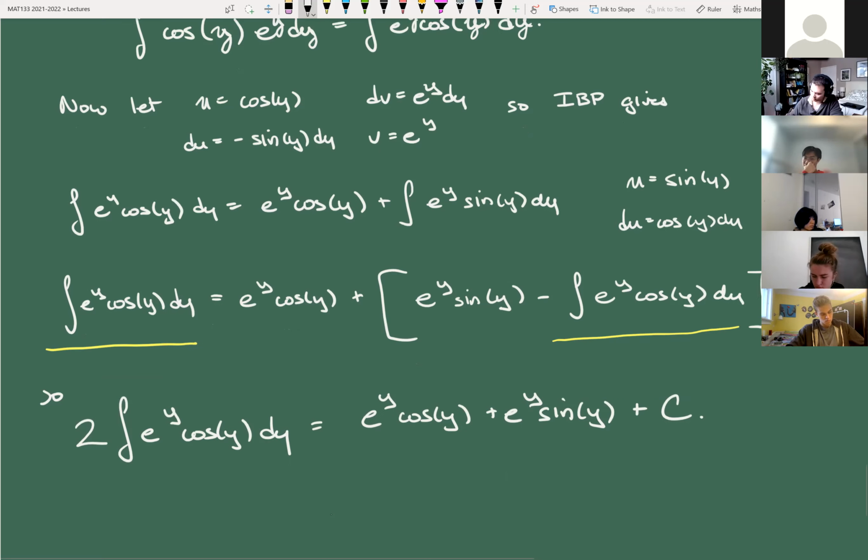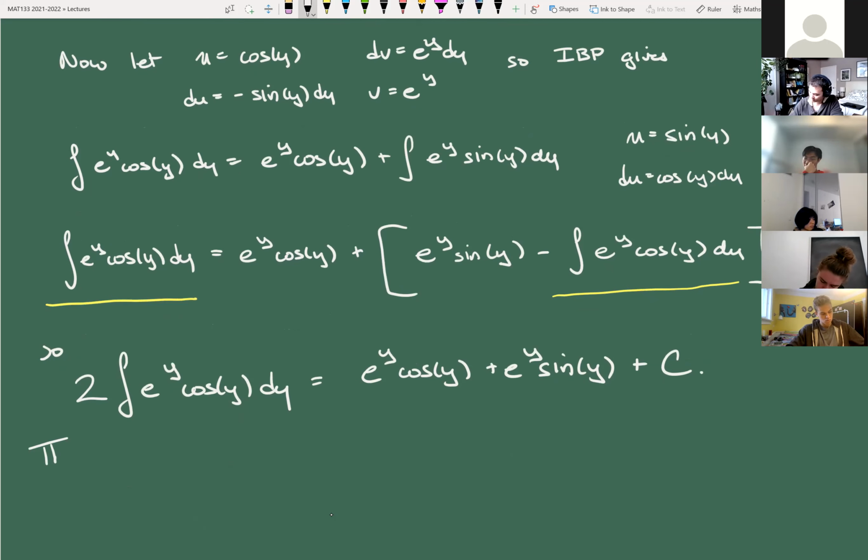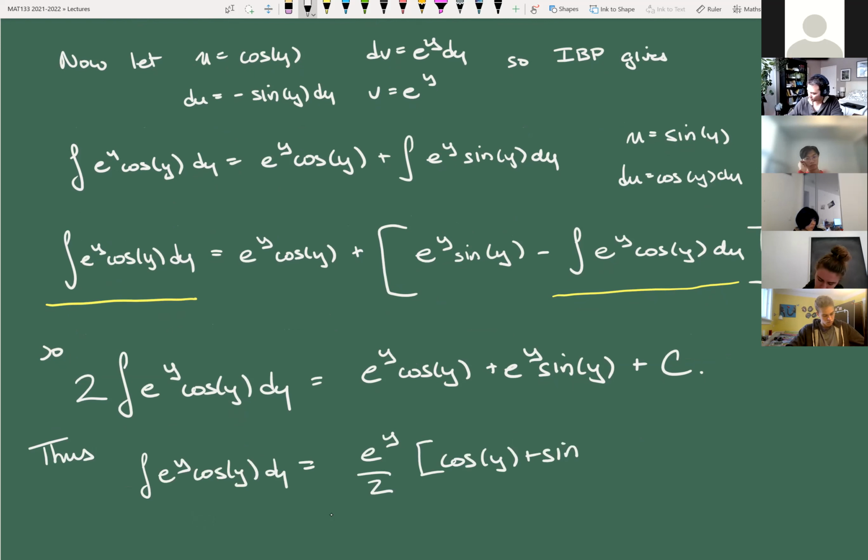And now I just divide by 2. Let's maybe factor out the e to the y: cosine y plus sine y. And you might say like, oh, that should be c over 2. No, because it's allowed to be all constants, right? You don't care.